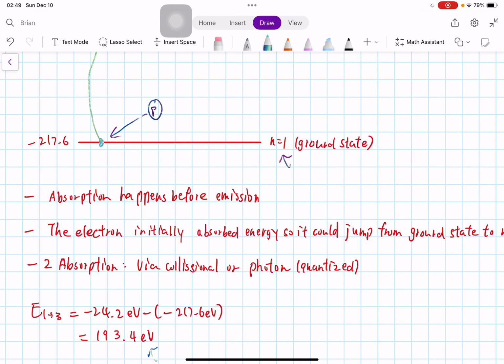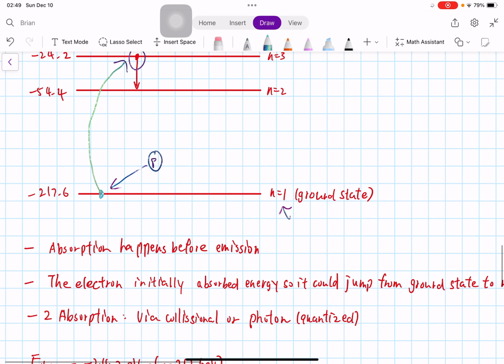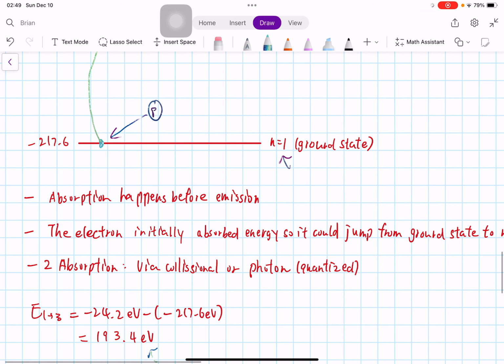But if it is via collision, maybe a neutron, a proton, or an electron hitting this electron, then because it has mass, it would have kinetic energy. So some of the energy could be transferred to this electron, which would excite it to n equals 3 or higher, and the remaining energy could be the kinetic energy of the matter.